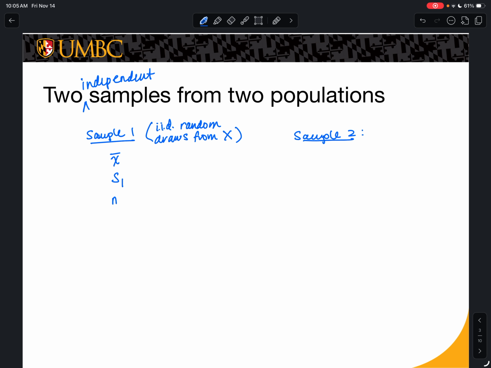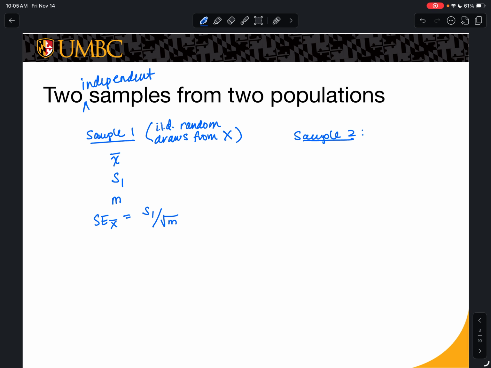And then we're going to say that the standard error of x bar, meaning if you think of the sample mean as a random variable itself, because it's drawn from this population, repeated draws from the same population, the standard error of x bar we're going to write as S1 over the square root of m.